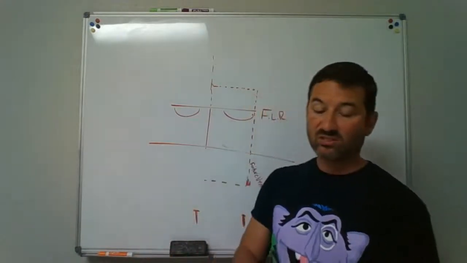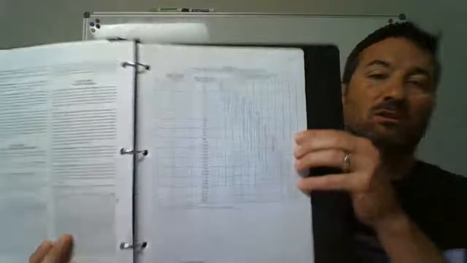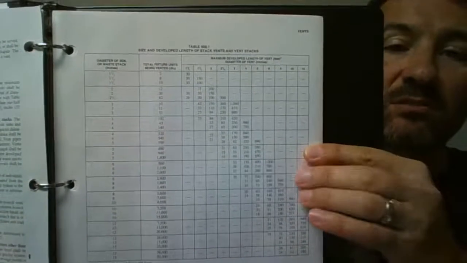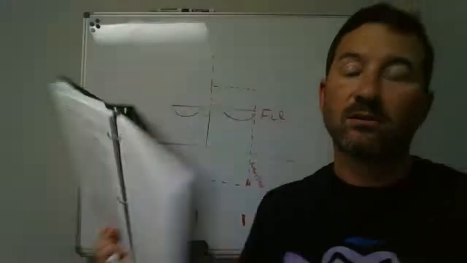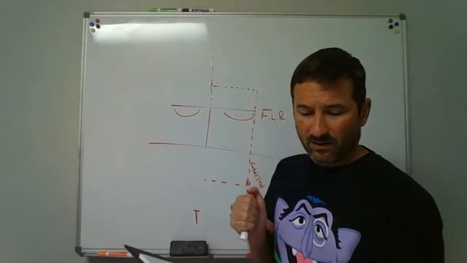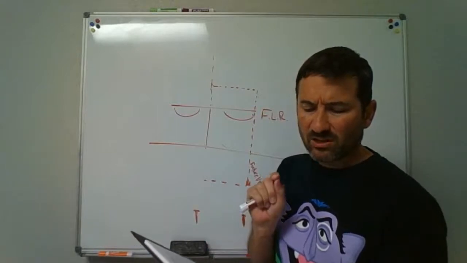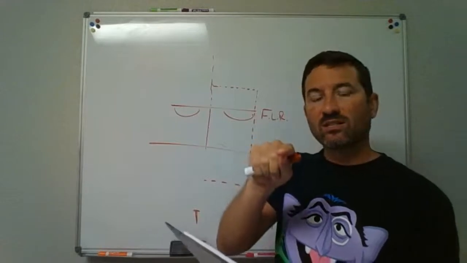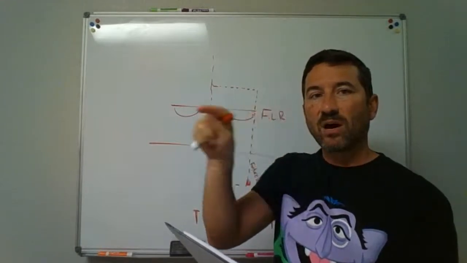Okay, and on page 77, you see a chart that looks something like that. It says that you can size them according to this chart, which is determined from the developed length. Developed length is defined in chapter 2 as the distance measured along the center line of the pipe and fitting.